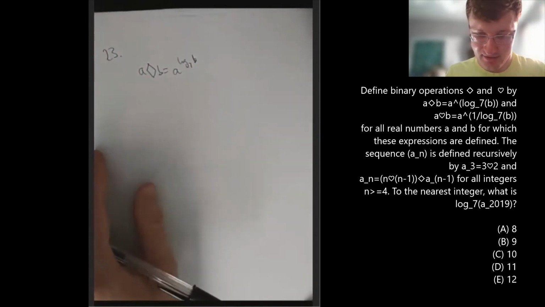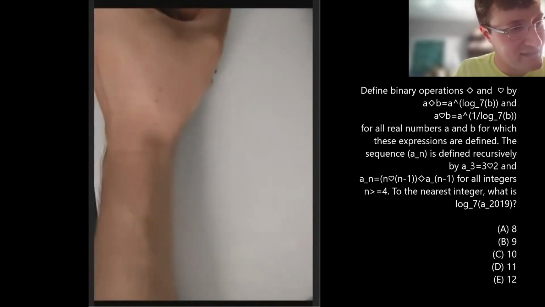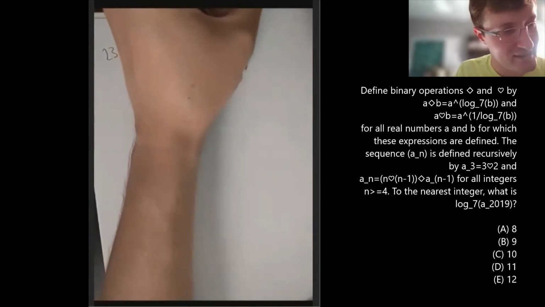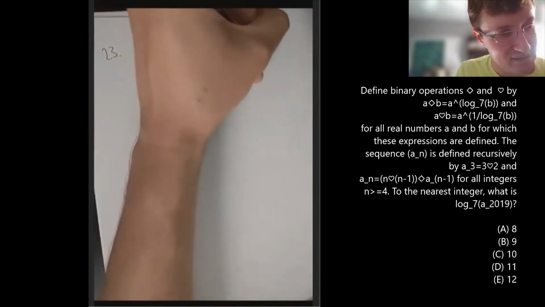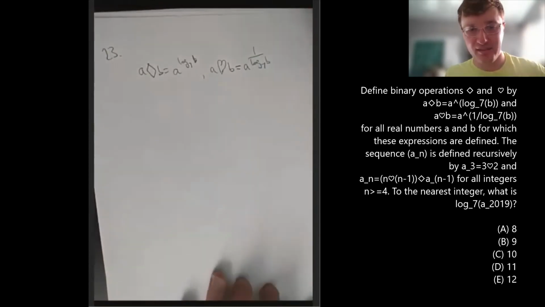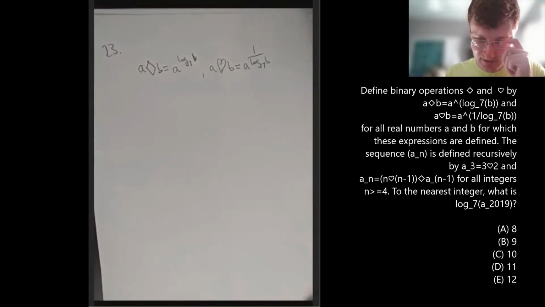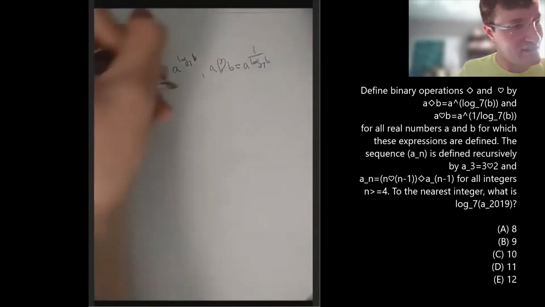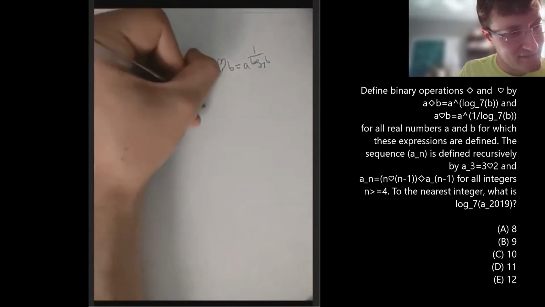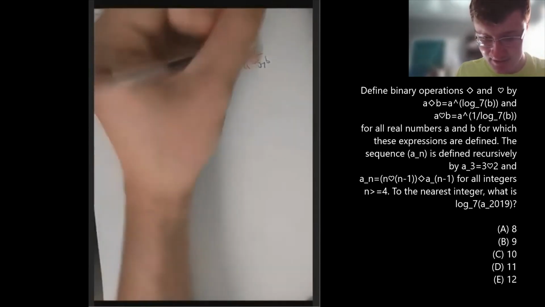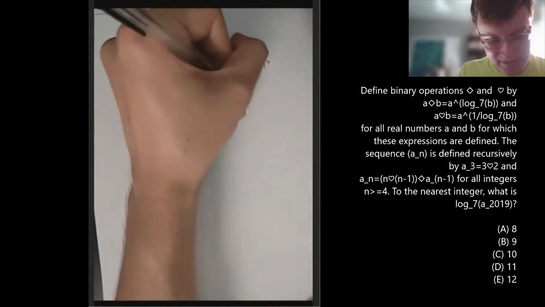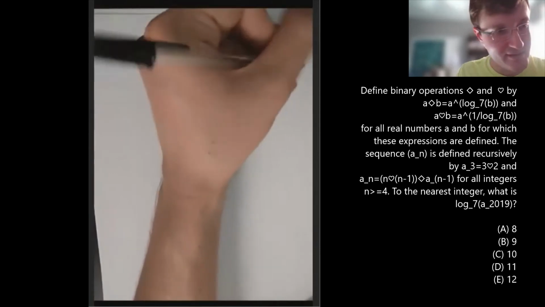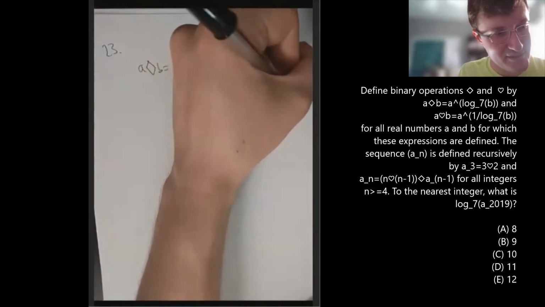And a heart b is a to the 1 over log base 7 of b. Okay, and we want to know, oh gosh, okay. A3 is 3 heart 2, and AN is (N heart N minus 1) diamond with the previous thing.